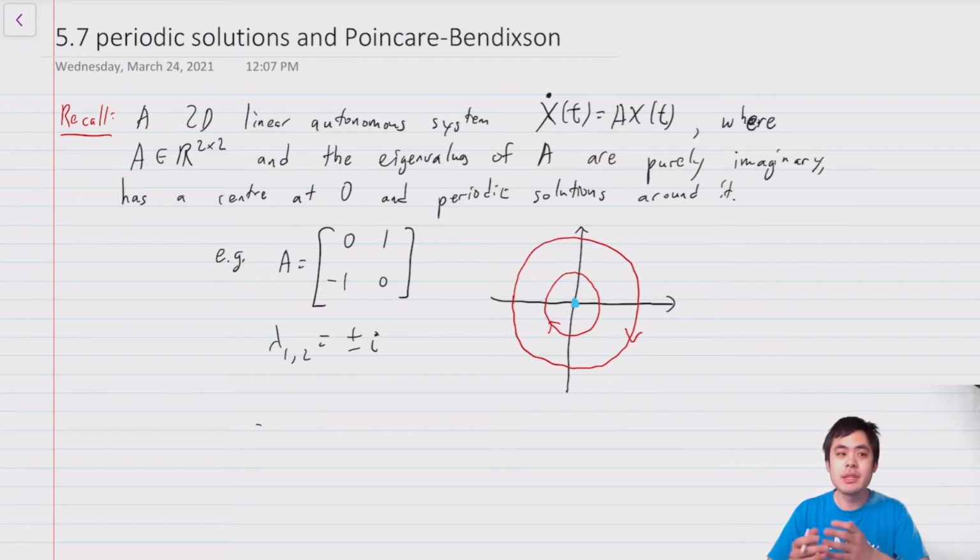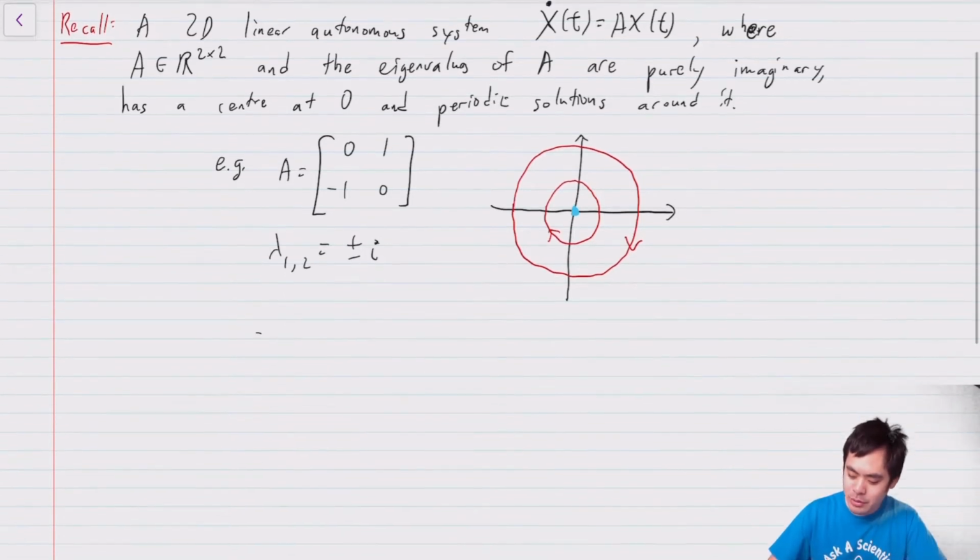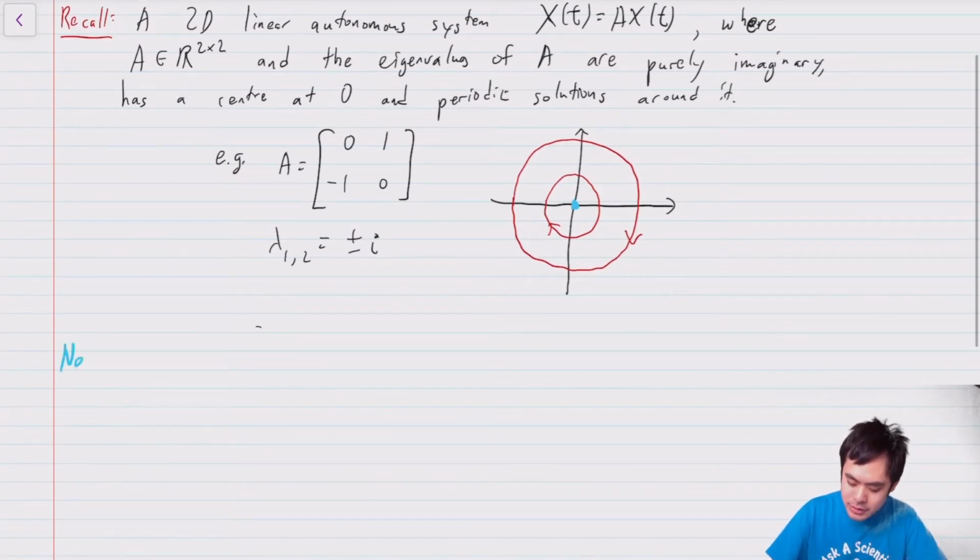Now, we know that linear systems have periodic solutions. The major question here is, when does a nonlinear system have a periodic solution? In order to properly understand that, we need to think about limiting trajectories, so limiting orbits. So we need to add a little bit of notation to understand this.